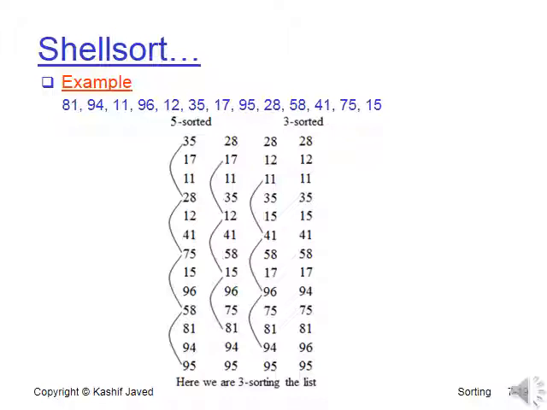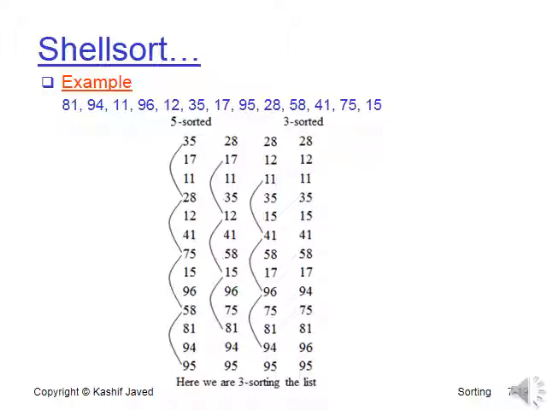Then we will look at numbers 17, 12, 15, and 81. Similarly, sort it such that we have 12, 15, 17, and 81.